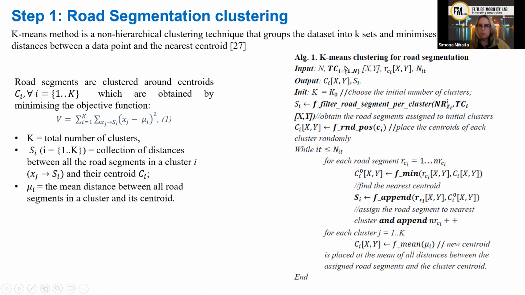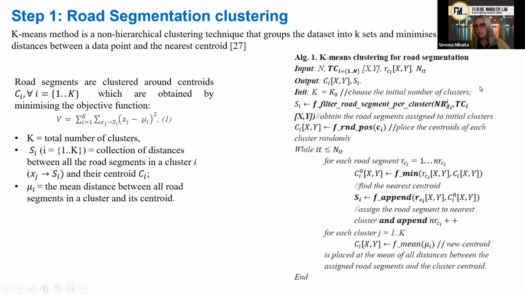Now this is the pseudocode of that algorithm. Going through it briefly, we consume as input the location of the technical centers, the number of areas that we have, and the road positioning. So we are looking at the road segmentation, and we are trying to provide as an output the best placement of the centroids that are generated by clustering specific road segments.